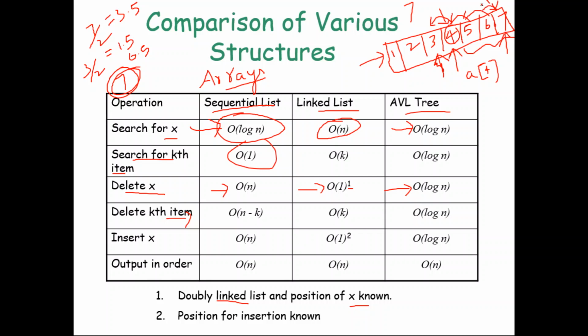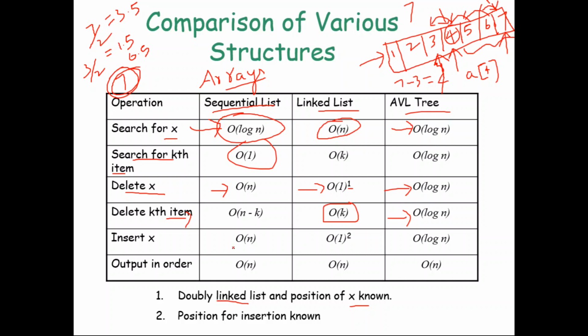You have to make n minus k moves. 7 minus 3 is 4. So 4 movements: 4 should be moved, 5, 6 and 7. So n minus k. Whereas for a linked list it is order of k, because you can identify the element and just delete it. How much time you take to identify the k is the core thing. But in an AVL tree it is order of log n.